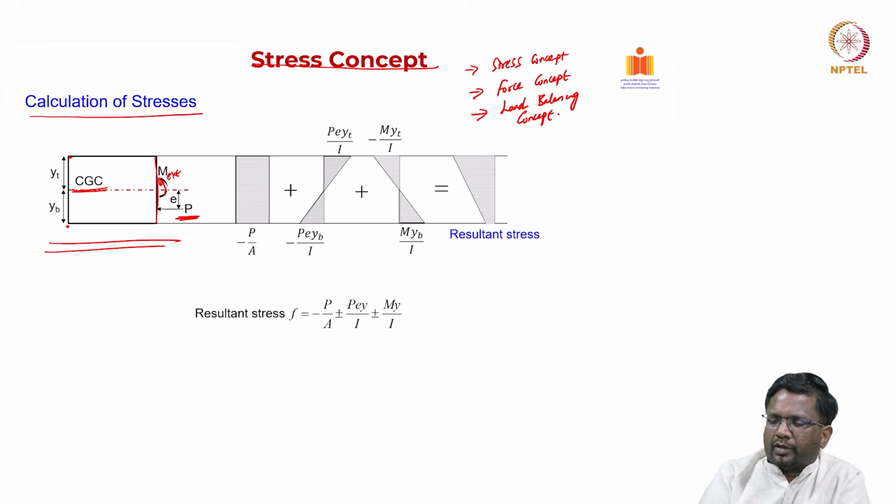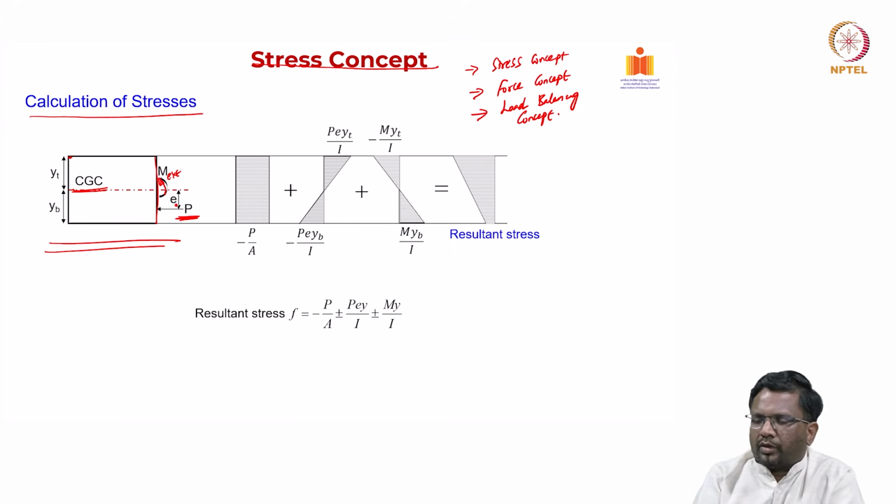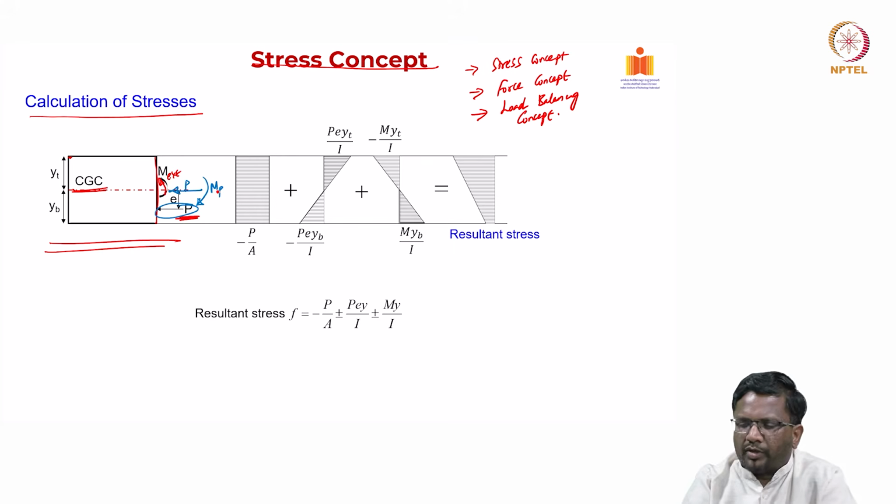Now, we know what the different types of load are. If this particular load is moved to the middle, you will find that you have this P. In addition to that, you also have moment due to pre-stress, MP, right?